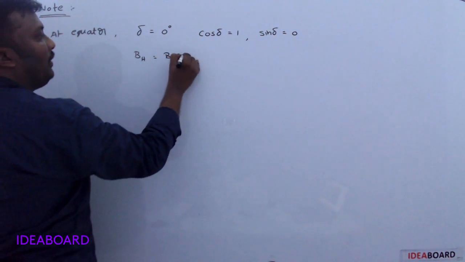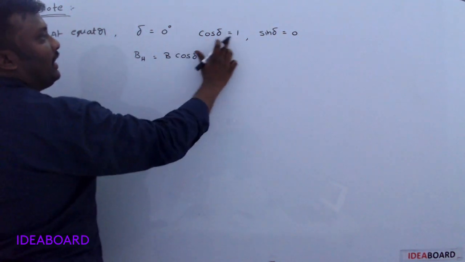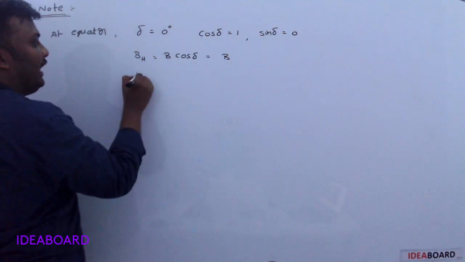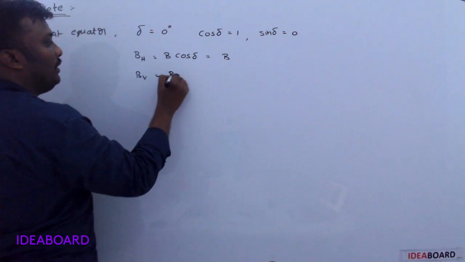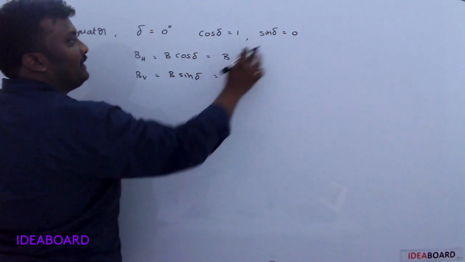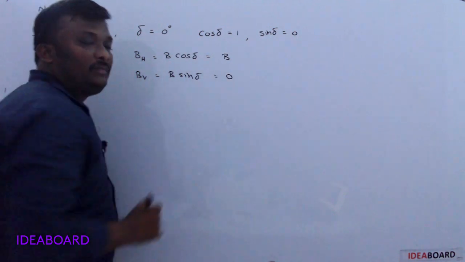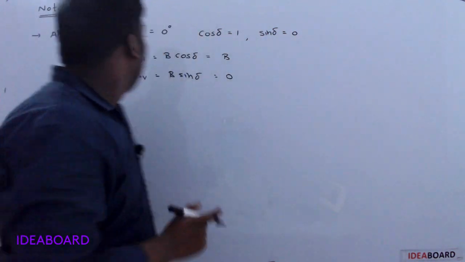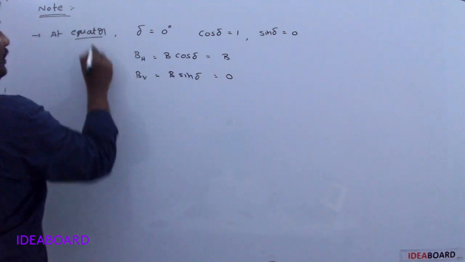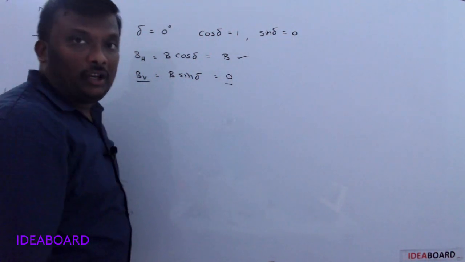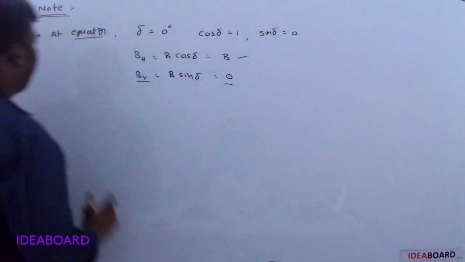BH is equal to the formula B cos delta na. Cos delta value is 1. That's why BH value becomes big. And BV value, B sin delta we said. Sin delta value is 0. 0 and anything? 0. So it's very important. At equator, vertical component is 0.